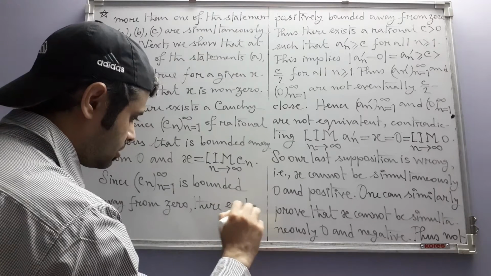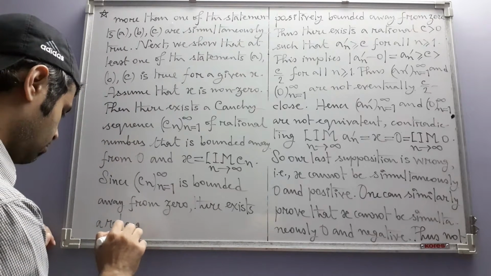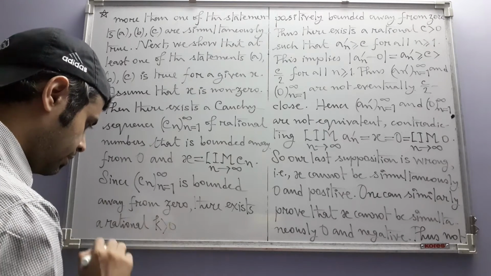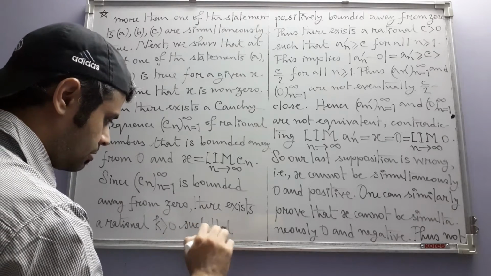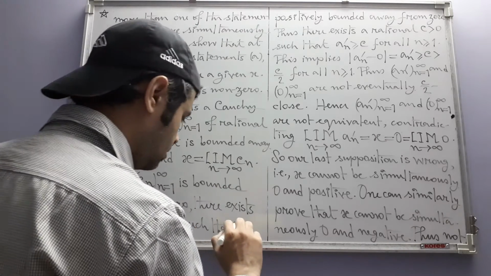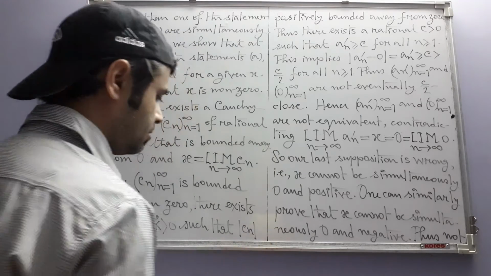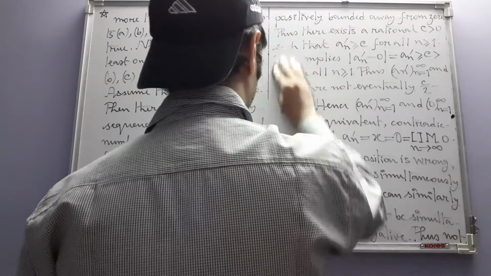There exists a rational k greater than 0 such that the absolute value of Cn is let me continue from there.